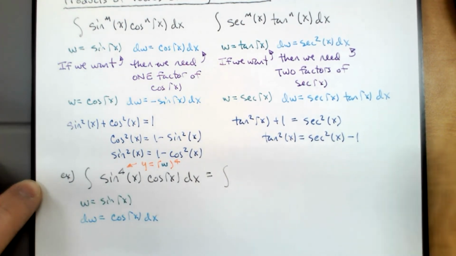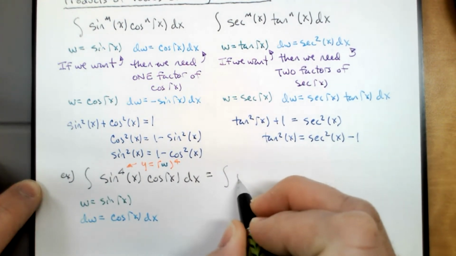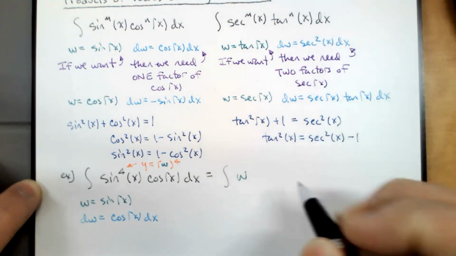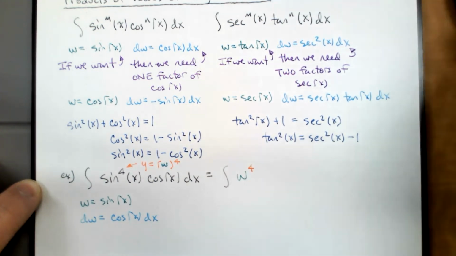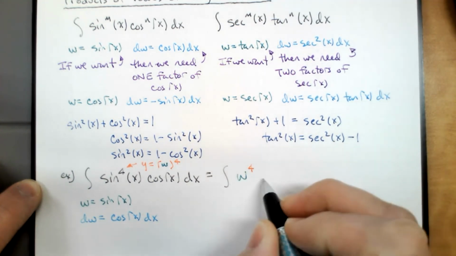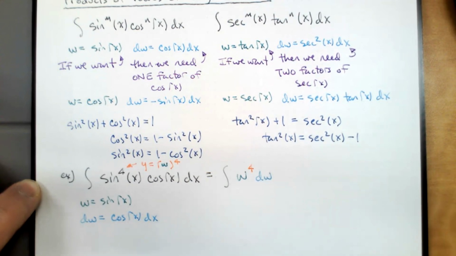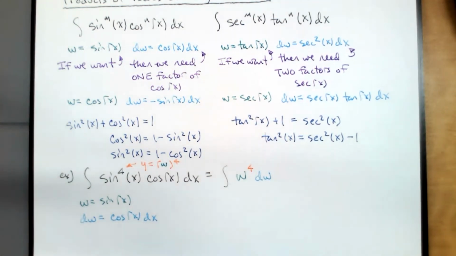Sine to the fourth, sine is w, it's being raised to the fourth power. And the cosine x dx is dw. This is a substitution that's working out. So now we integrate.